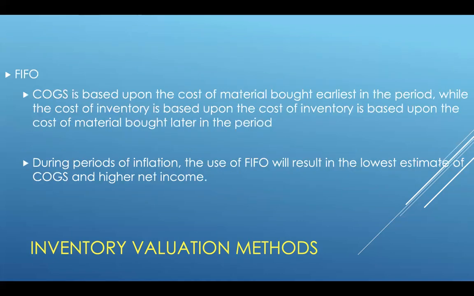FIFO cost of goods is based upon the cost of material bought earliest in the period, while the cost of inventory is based on material bought in the later period. During periods of inflation, the use of FIFO will result in a lower estimate of cost of goods and a higher net income.